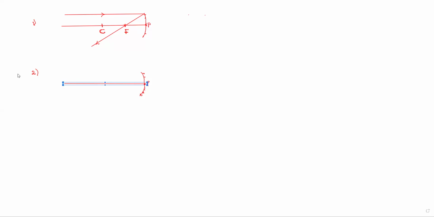A ray of light which is passing through F or coming from F, after reflection, what must happen? Yes, class, if the ray is passing through F or coming from F, after reflection, what will happen? It must be parallel to the principal axis.